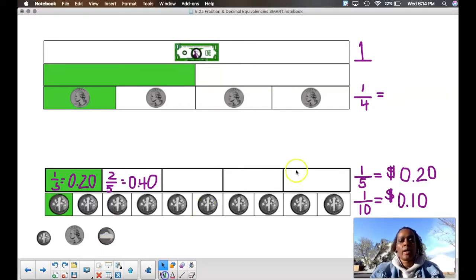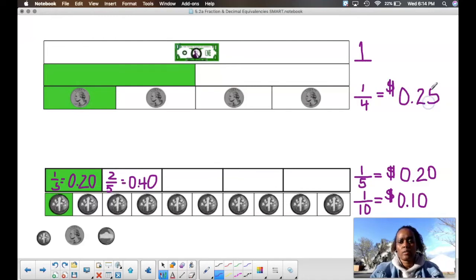So when we think about how we write 25 cents, again, 25 cents. No whole dollars. It's 25 out of all of the 100 cents that equals $1. So 25 cents looks like that.